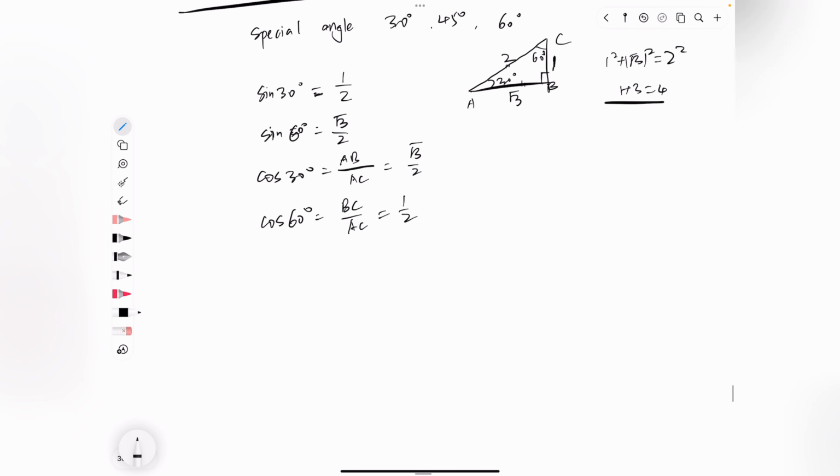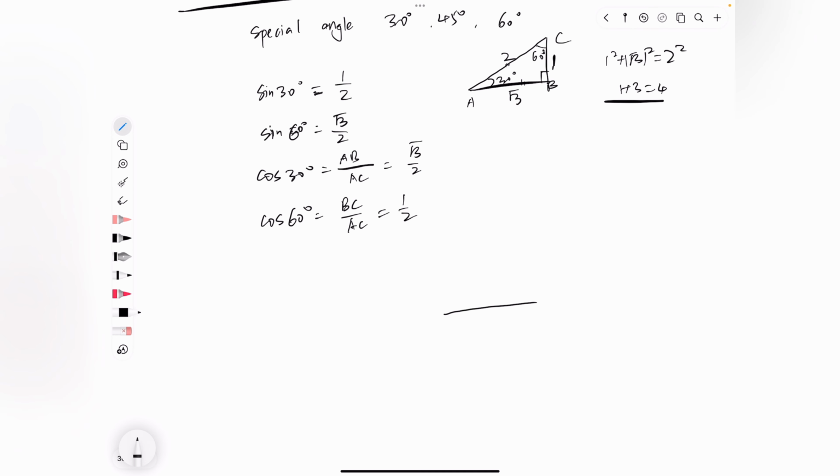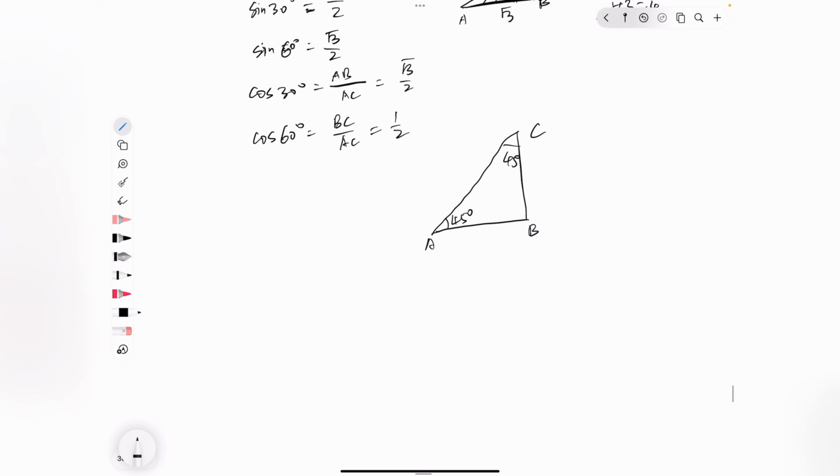And if we have another right triangle, let's say this one is A, this one is B, this one is C, and this is 45 degrees. This angle will also be 45 degrees. So this will be 1, since the two angles are the same, the two sides are the same, so this one will be root 2.